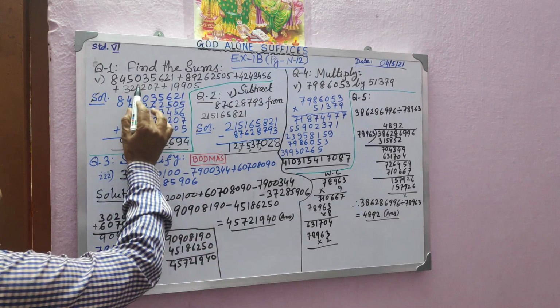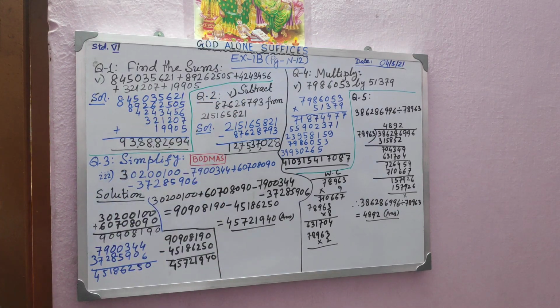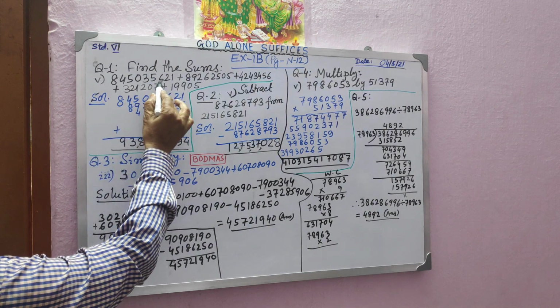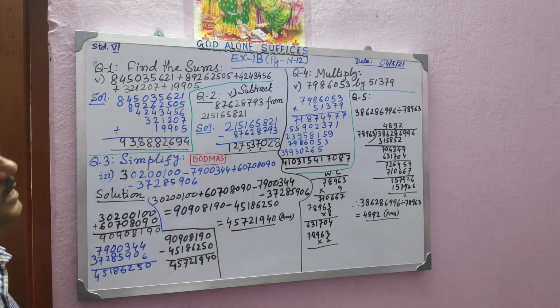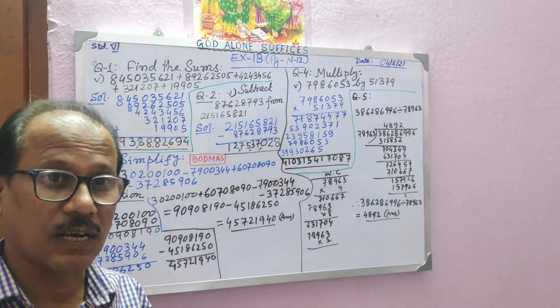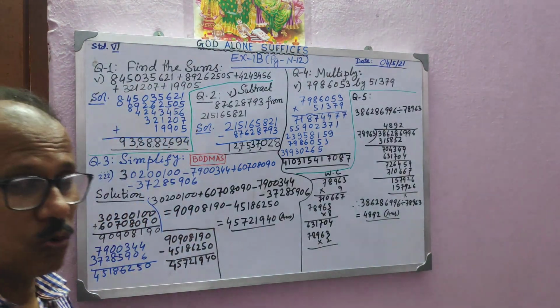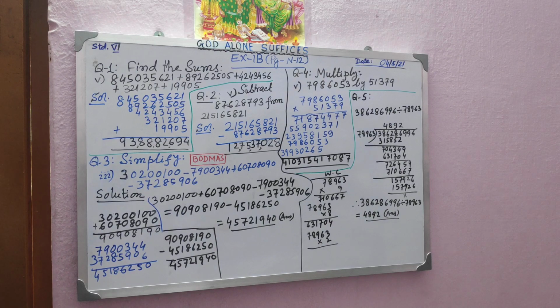You have got 4 larger numbers, and all of these are 8 and 9 digit numbers. That means 84 crore 50,000 and 50 lakh 35,621, and you can understand the volume of the numbers. It is so big. So what you need to do, the procedure is the same.